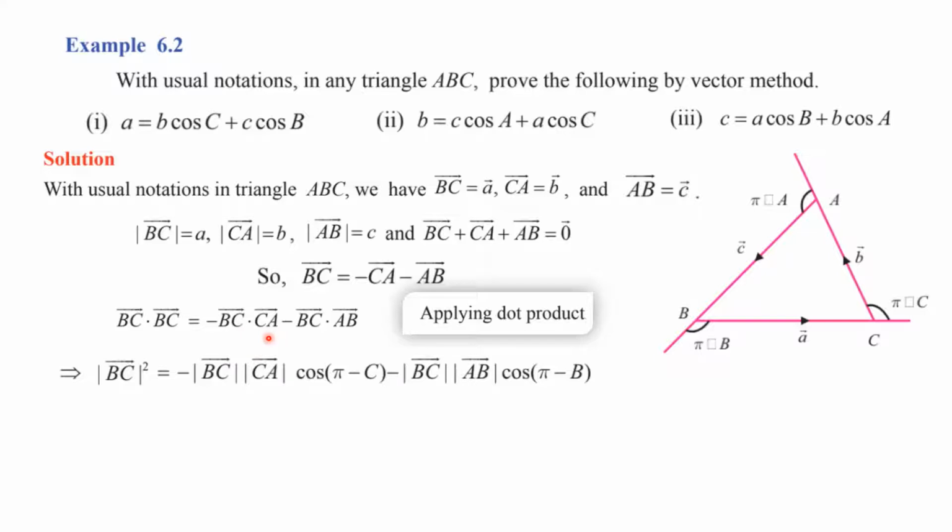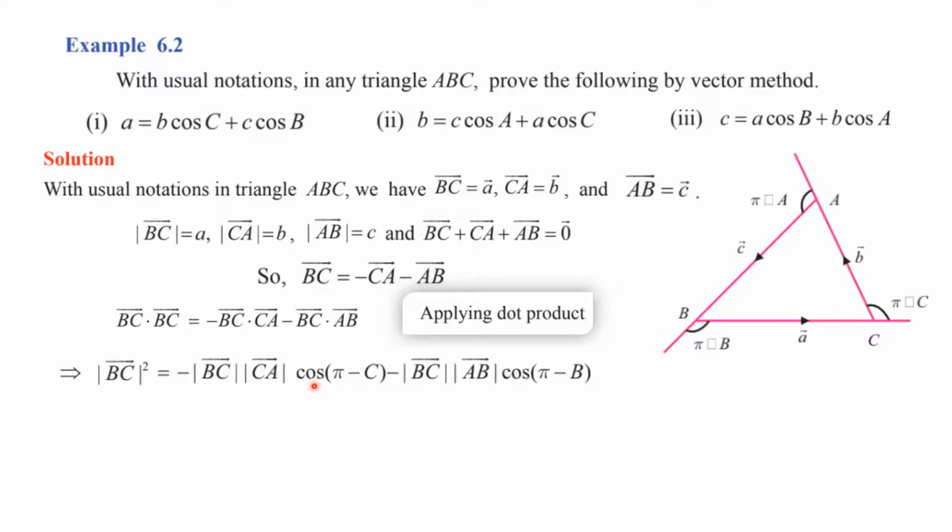BC dot CA will be magnitude of BC times magnitude of CA times cos of the angle between BC and CA. The angle between BC and CA is pi minus C. So let's put that pi minus C here, cos of pi minus C. Similarly, minus magnitude of BC, magnitude of AB into cos of pi minus B, because that's the angle between AB and BC. All right.